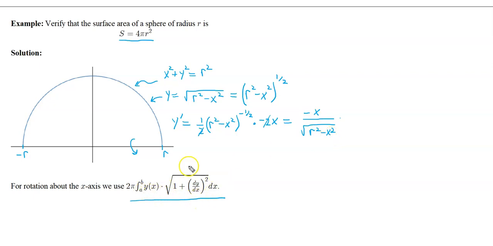Now we just have to plug everything into this formula. The a and b are going to be negative r and r, or we could integrate from 0 to r and multiply this by 2, taking advantage of symmetry. So applying this formula, we get our surface area.